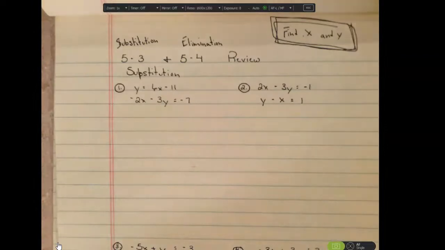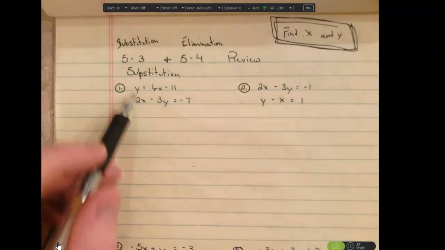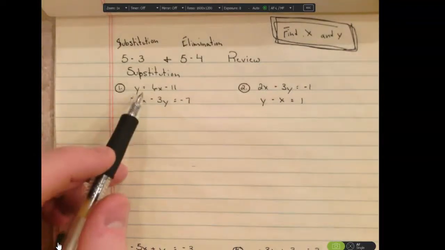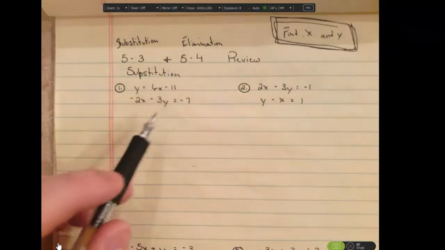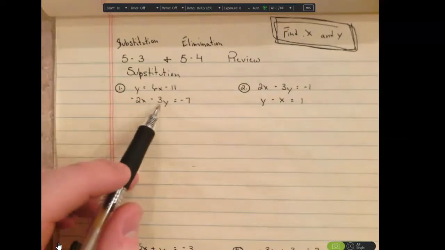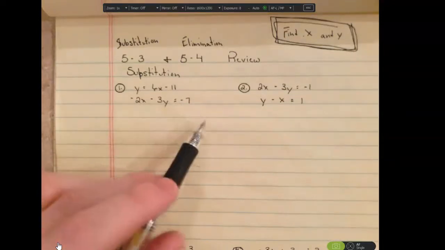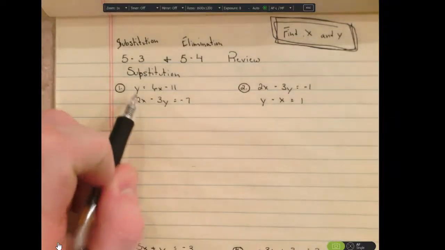Lucky for us, on this first problem, y is alone in my first equation: y equals 6x minus 11. My second equation is negative 2x minus 3y equals negative 7. Y is already by itself.